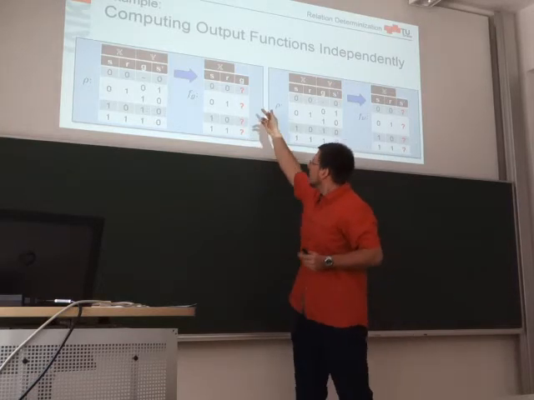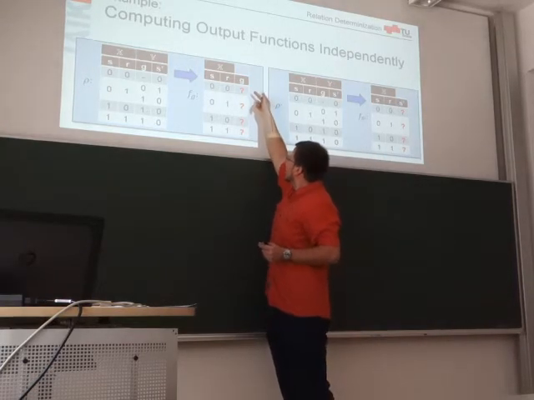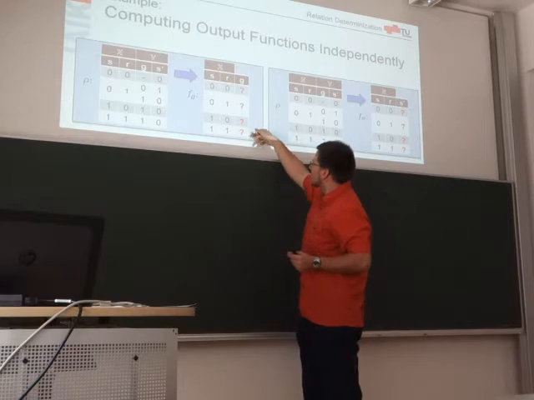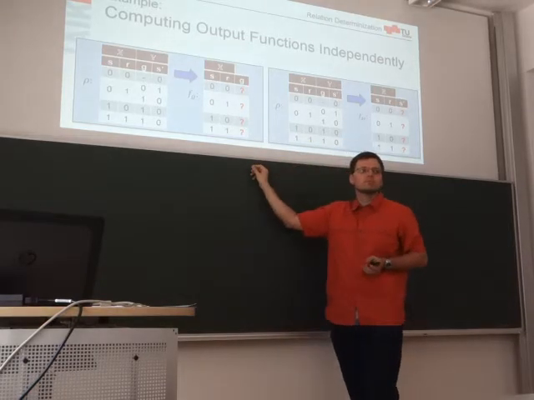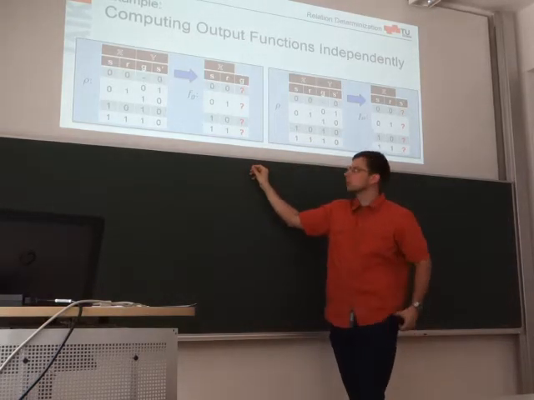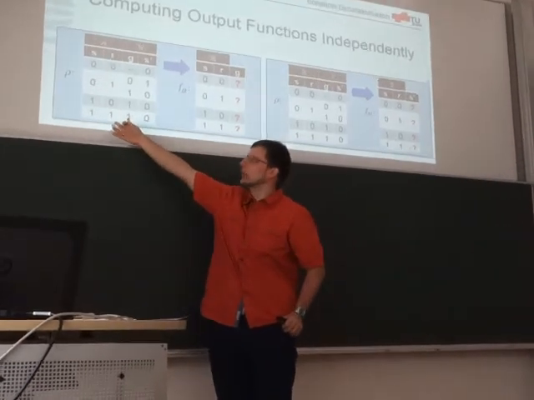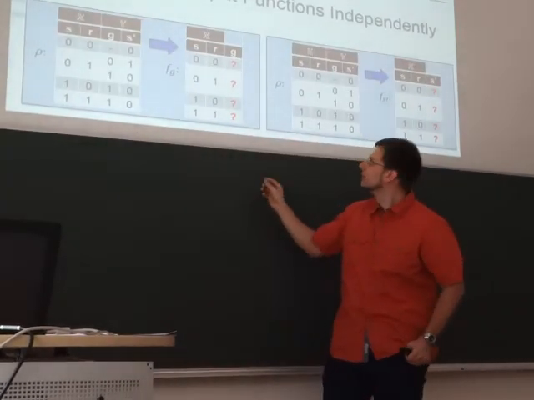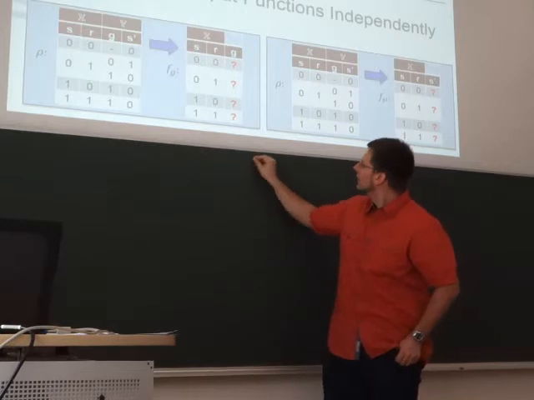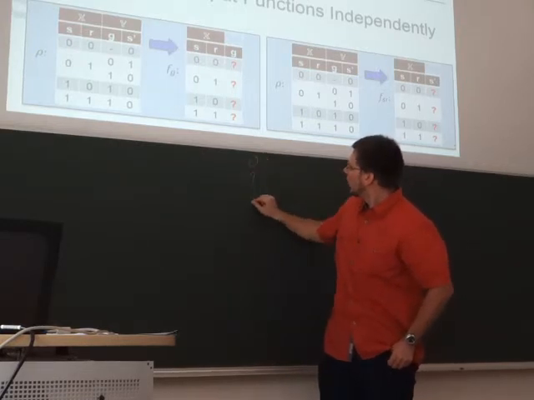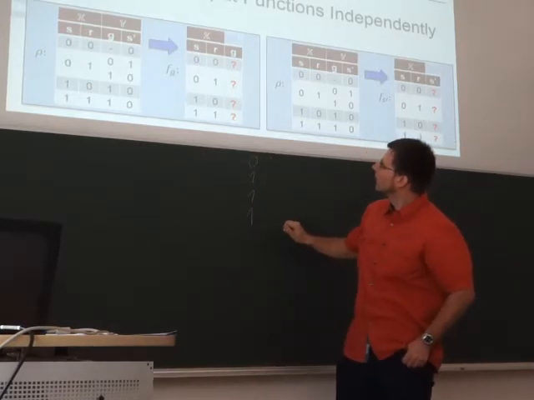So now you tell me, someone, the values that we should put for these four question marks here. Obviously something that is compatible with what is written in the relation here. You can use 0, 1, 1, 1.